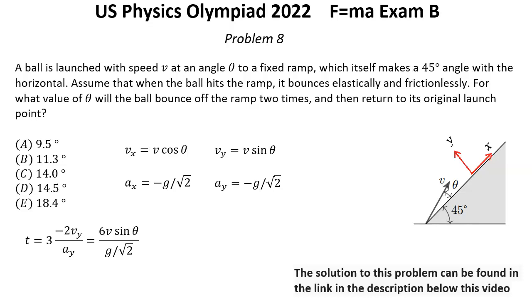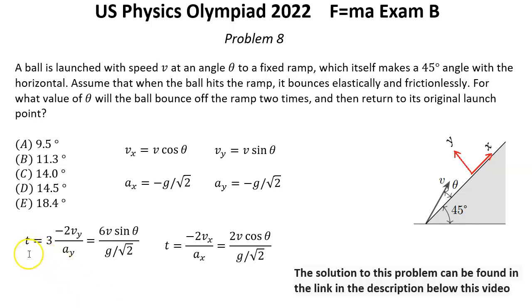On the other hand, when this ball returns to the original point in coordinate x, it means that total change of speed equals negative 2 Vx, and the total time to travel equals negative 2 Vx over Ax, which is 2v cosine theta over g over root 2.